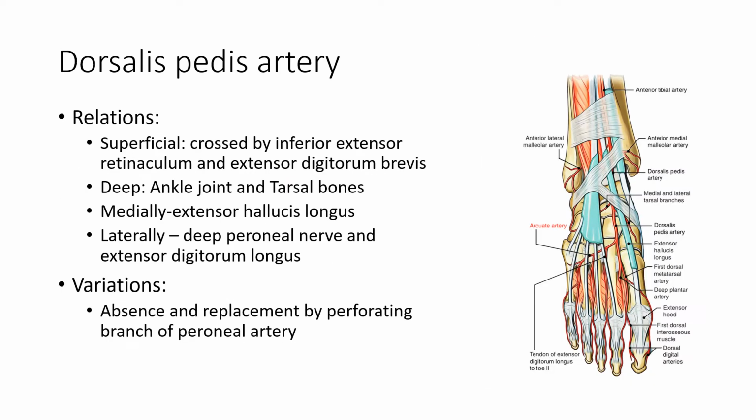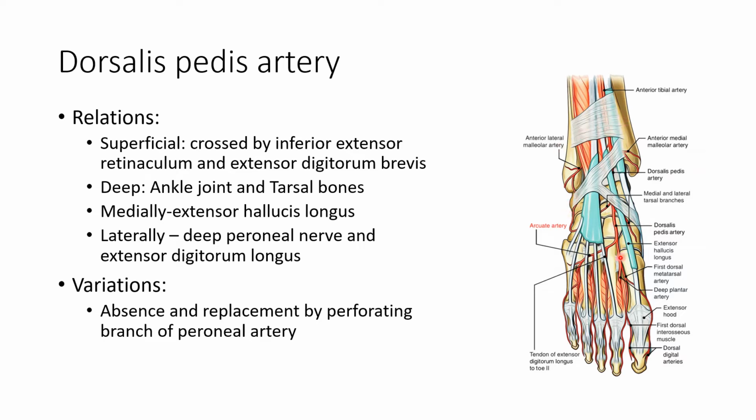Now let us see the relations of the dorsalis pedis artery. It is superficial in its course, and it is crossed by the inferior extensor retinaculum, which you can see in this picture. This is the Y-shaped inferior extensor retinaculum. Above is the superior extensor retinaculum.